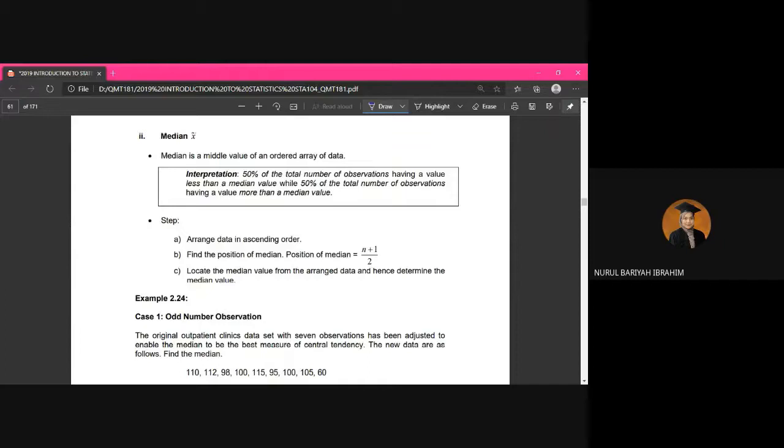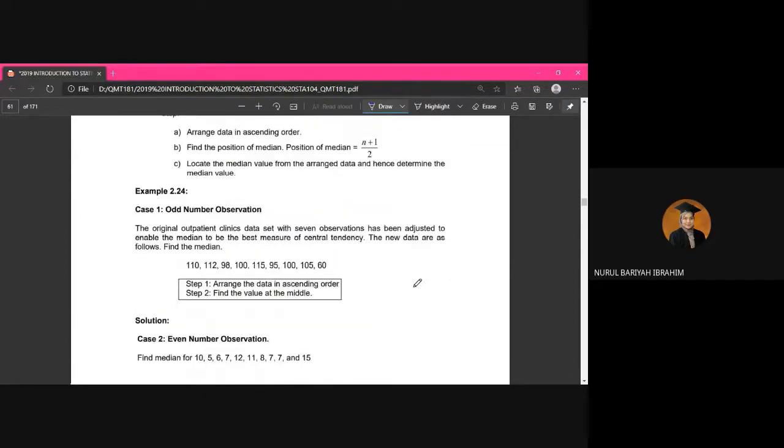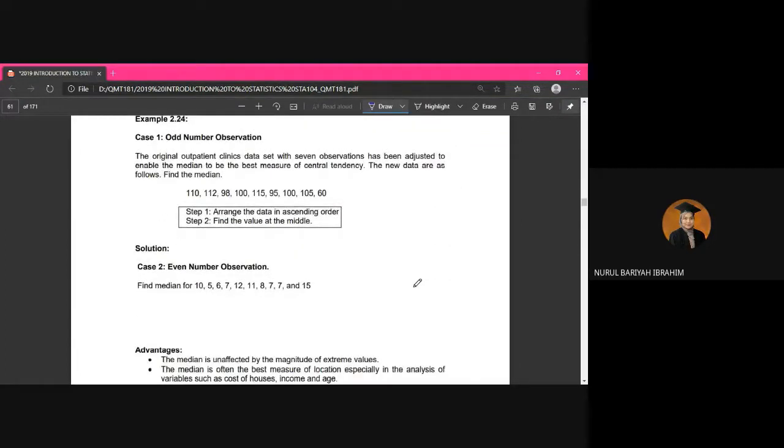So from the position we obtained, we work out where the median value lies, because we have ordered the data in the first place, right? So to find the median we have two conditions, whether our number of observations is odd or even. Okay, let's see the odd number case.